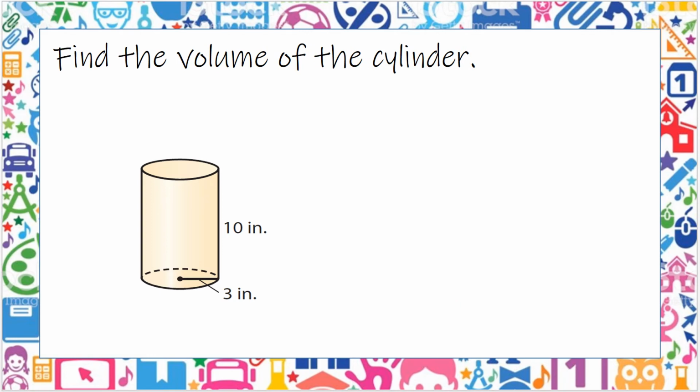Now, volume of the cylinder is much easier. To find the volume of a cylinder, all you're going to do is say V equals pi r squared times the height.